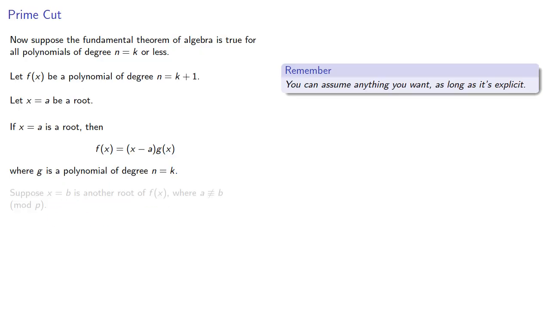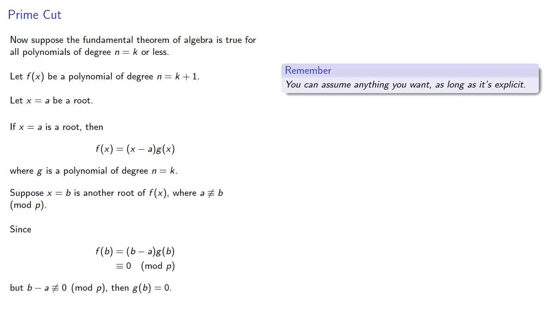Now, suppose x equals b is another root of f of x where a is not congruent to b mod p. Since f of b is going to be b minus a times g of b, and that's going to be 0, but because a and b are distinct, the difference isn't 0, then the only way for this to happen is g of b has to be 0.